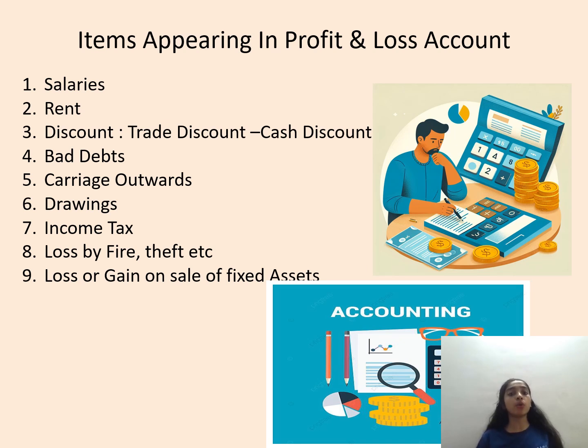Withdrawals by the owner are personal transactions and are adjusted against the capital account, and are not included in the profit and loss account. Next is income tax. For companies, it is shown as an appropriation of profit and it is not an expense in the profit and loss account. For an individual, it is a personal expense.